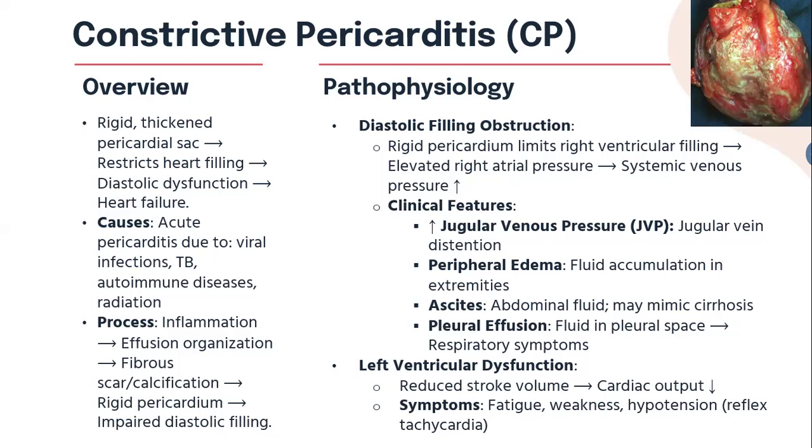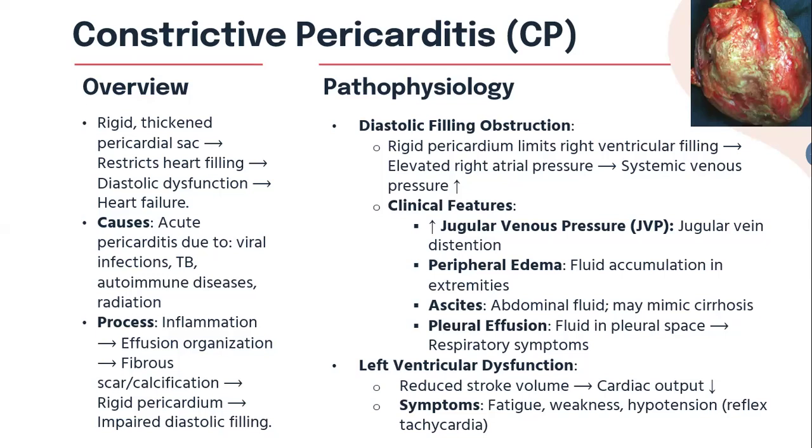So one of the clinical features is jugular venous pressure, known as JVP. So the increased pressure in the right atrium is transmitted back to the jugular veins, causing them to distend, particularly when the patient is sitting up at a 45-degree angle.